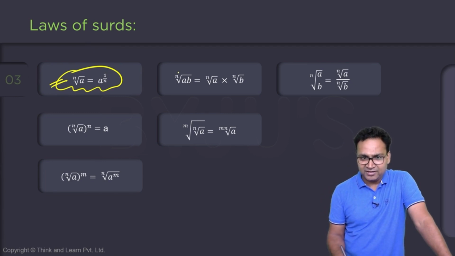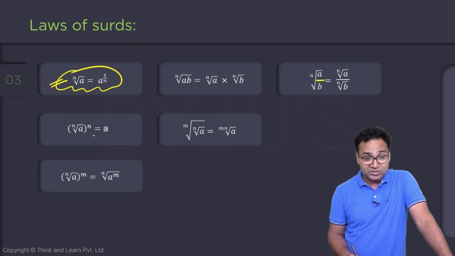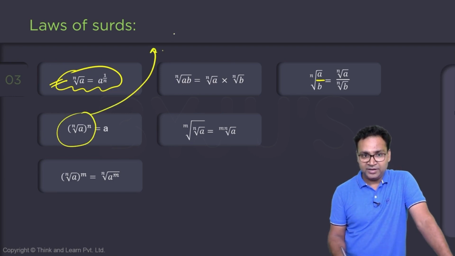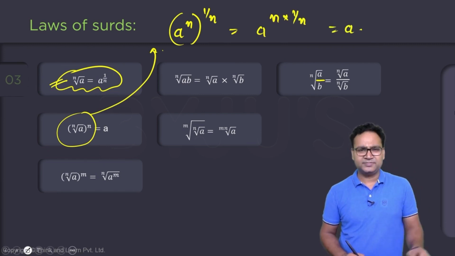This is like power is same, surd is same, so we are operating this. This is also same thing. Clear? This is whole power kind of thing. So when you look at this part, it is a power n whole power 1 upon n. So it is a power n into 1 upon n. So it is a. Finished.